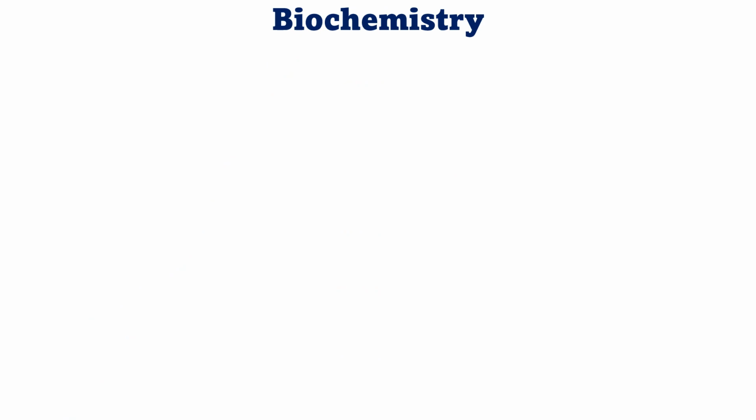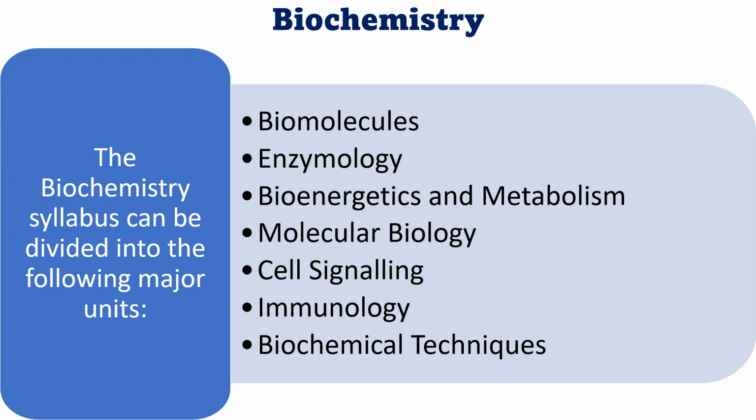But for better study and better planning, I have divided the biochemistry syllabus into seven major units: biomolecules, enzymology, bioenergetics and metabolic biochemistry, molecular biology, cell signaling, immunology, and biochemical techniques.